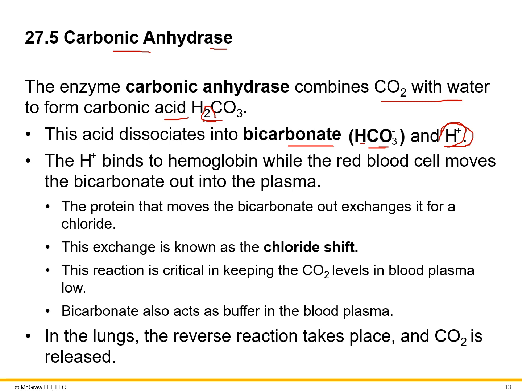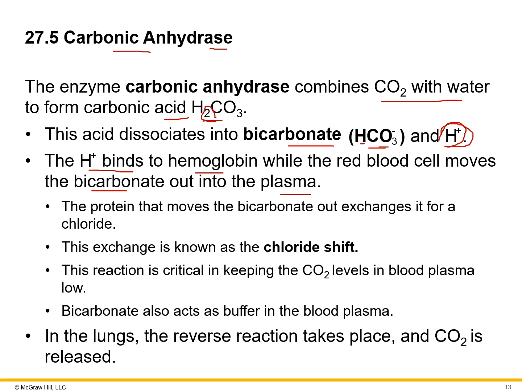Now the hydrogen ion that is released, it combines to that hemoglobin while in the red blood cell, and then that moves the bicarbonate out into the plasma. So the hydrogen ions attach to the hemoglobin, and then the bicarbonate goes into the plasma of our blood.